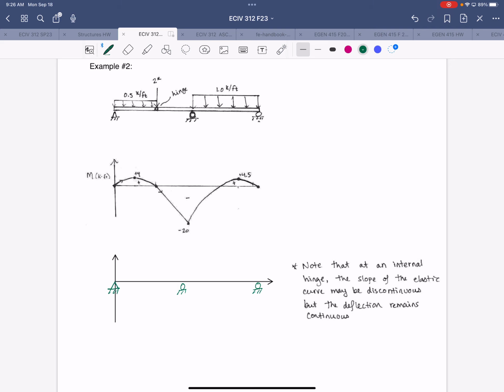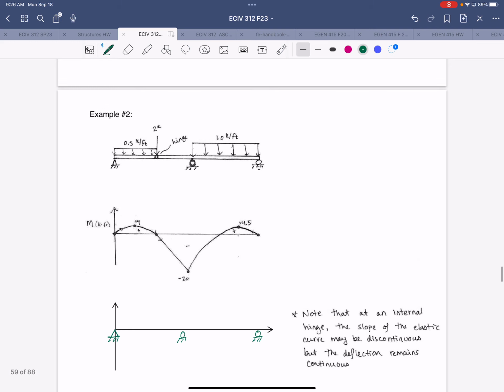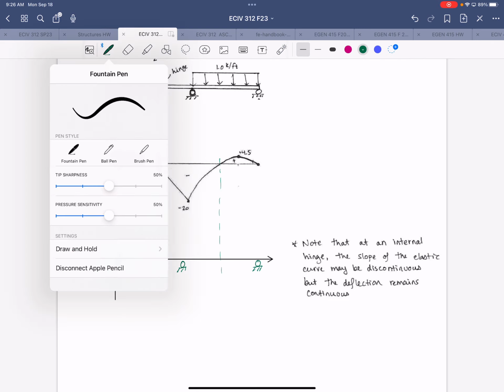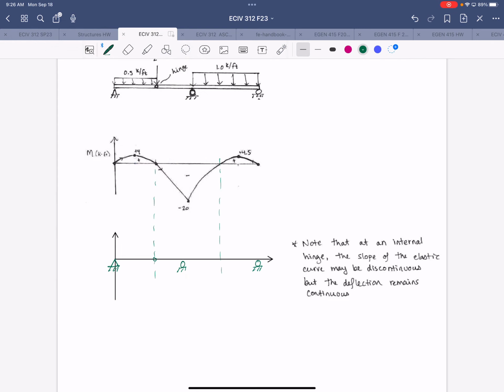And then I also like to note if there is a hinge on the beam, I also like to sketch that on the elastic curve as a reminder. So that's one of the locations where a moment is equal to 0, right? So that's one thing to always check. Moment should always be 0 at the hinge. And then the other location where moment is 0 is over here. So that will be our other inflection point.